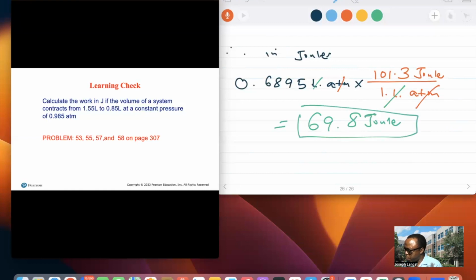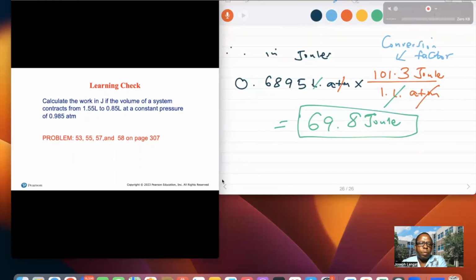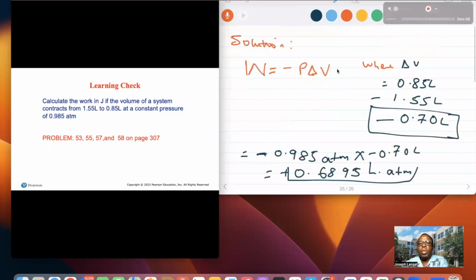The point here is to always remember to use the conversion factor. So it's positive: negative times negative. There is a negative and there is a negative, so it will be positive. So take care with contraction if the system is contracted.